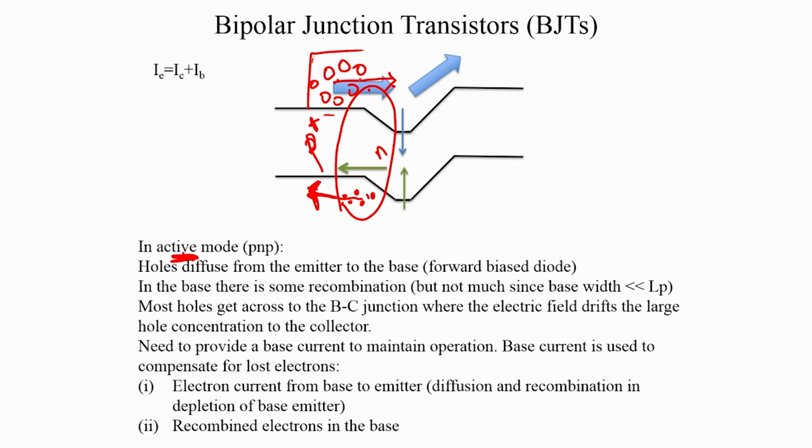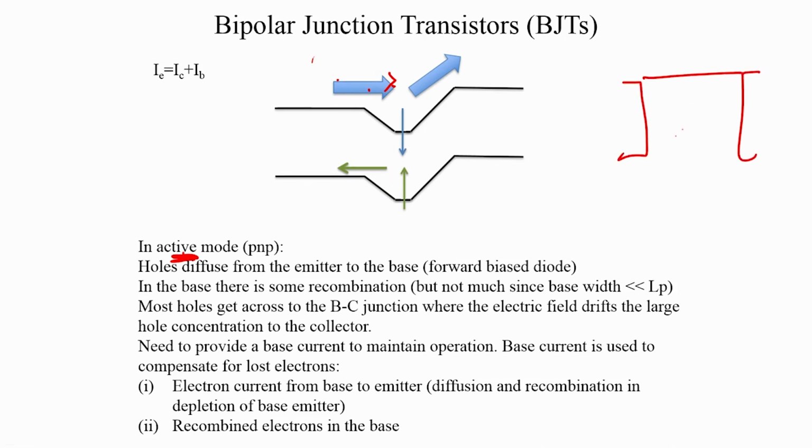Now, all these holes are going to enter the base. So what is the base made of? The base is N doped. So let us focus on the base. Here you have the base region, and let us say that those are the depletion boundaries. You have all these holes that have now diffused into the base, a large number of these holes.